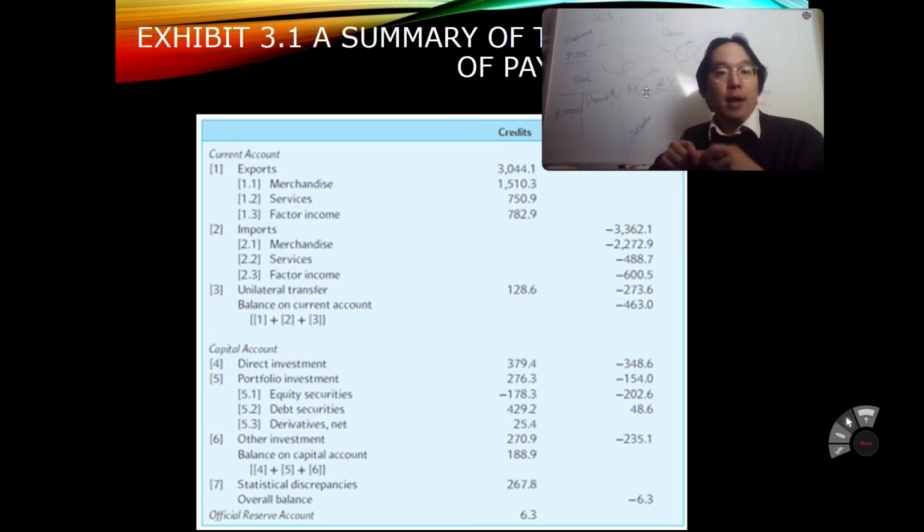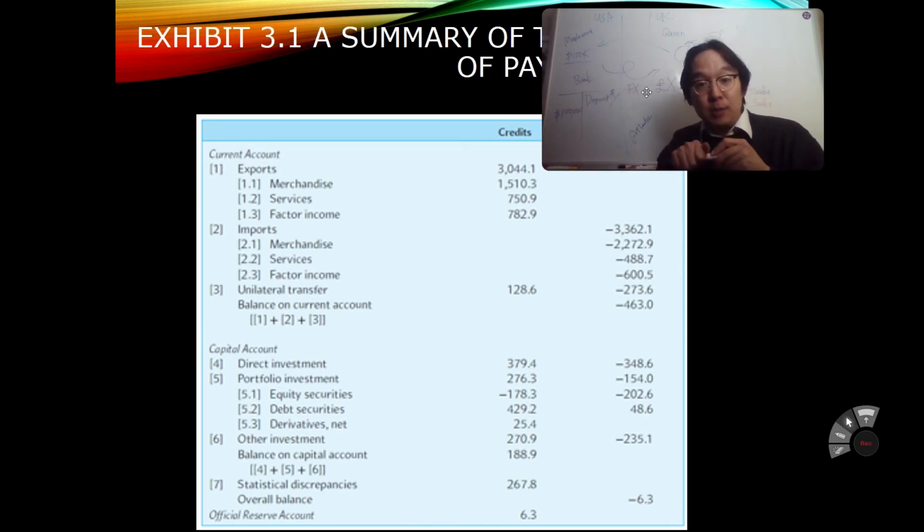And then portfolio investment is purchasing stocks or bonds, usually for financial purposes. Financial investment. And then the derivatives, right? 파생상품 in Korean terminology. Call options or put options or all kinds of exotic options.